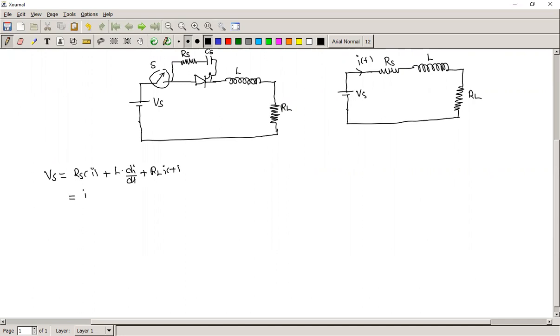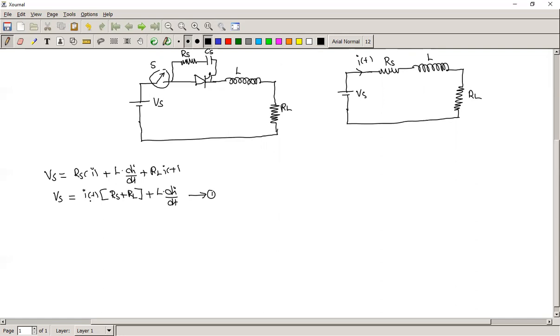Now here you take i(t) common. Taking i(t) common, (Rs plus RL) into i(t) plus L into di(t)/dt equals Vs. This is equation 1.